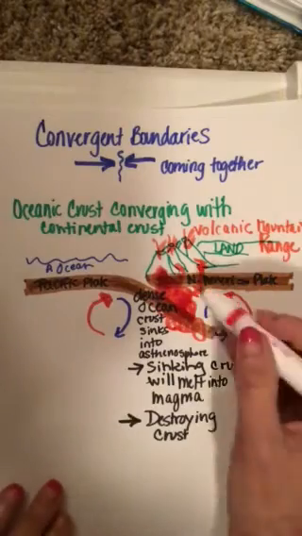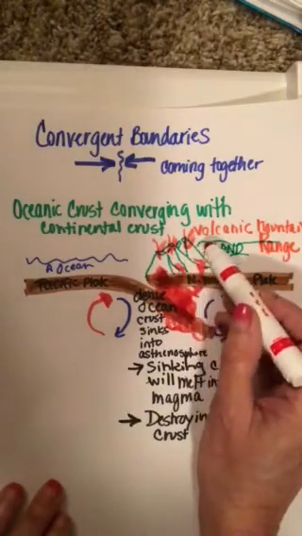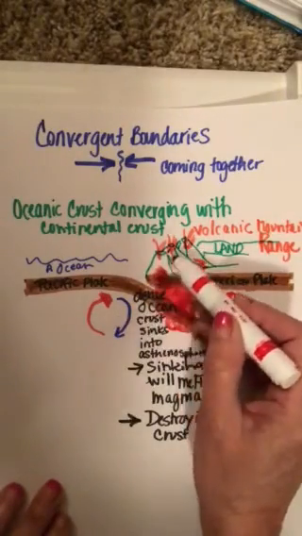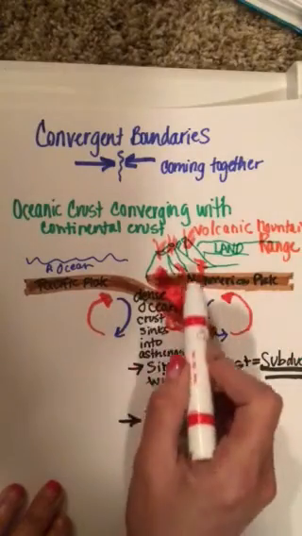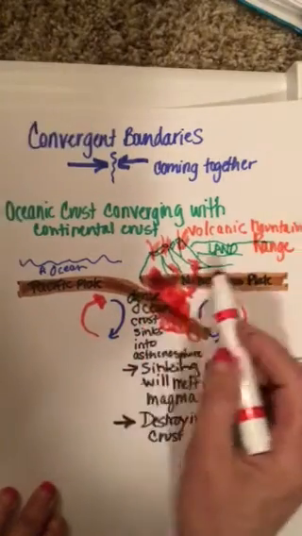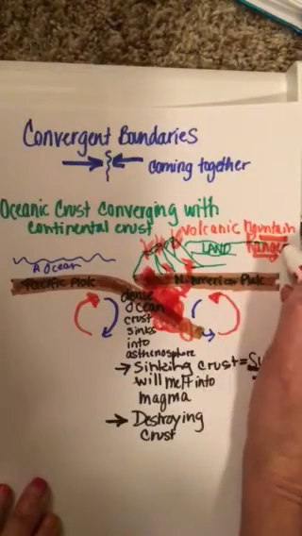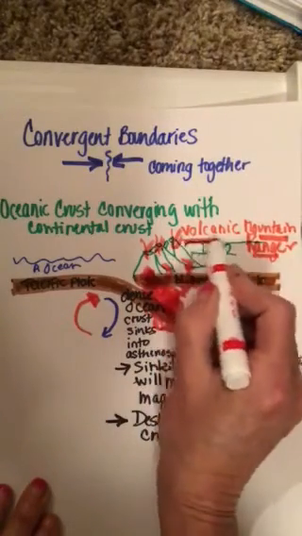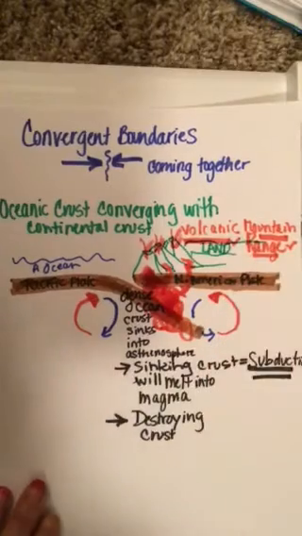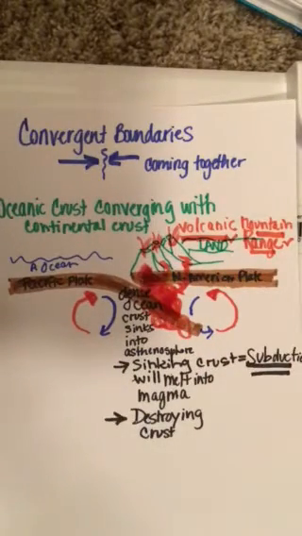So we have a whole slew of volcanoes in that one area along the coastline that are being created in this way. So if it ever says mountain ranges, check. Volcanic mountain ranges, check. Those are what's being created along this type of boundary.